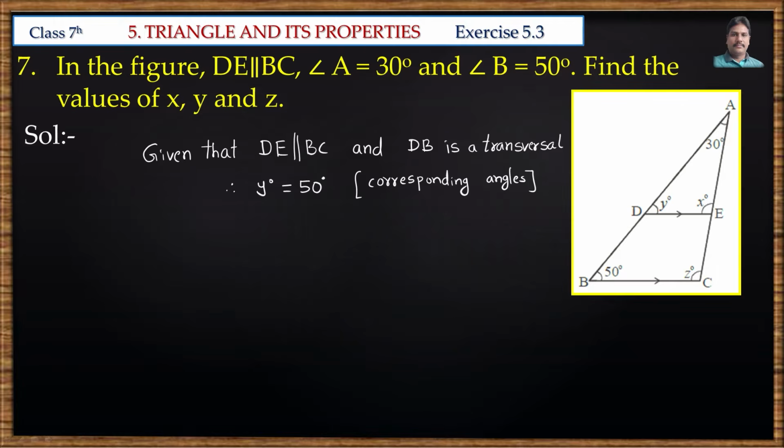Now, we will find the x value from triangle ADE. See here in triangle ADE, we know the angle A and angle D. Then we will find the angle x by the angle sum property.